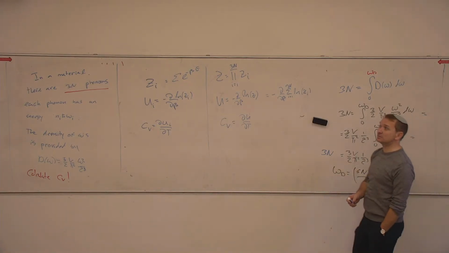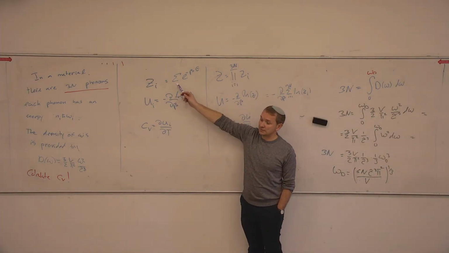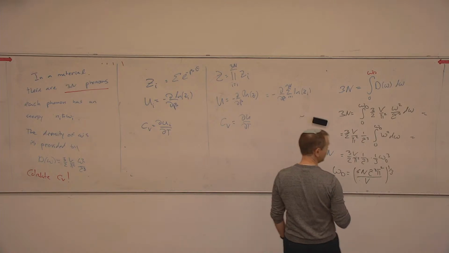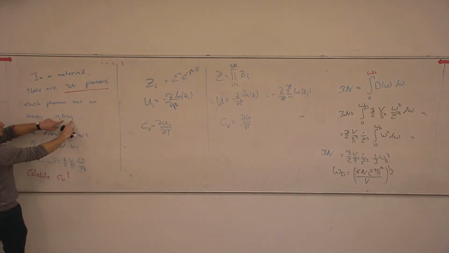The only problem is then how we calculate all the different Zi's. Well, it's easy. Why is it easy? Because let's assume that the omega of this specific Zi is just omega i.